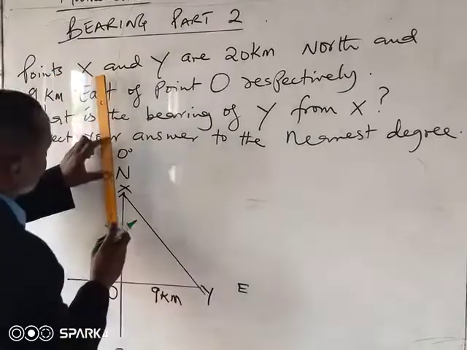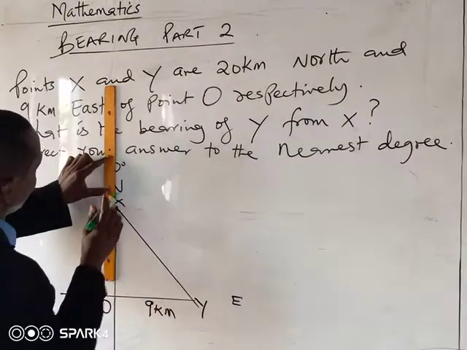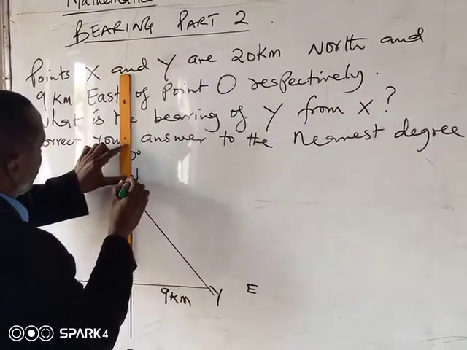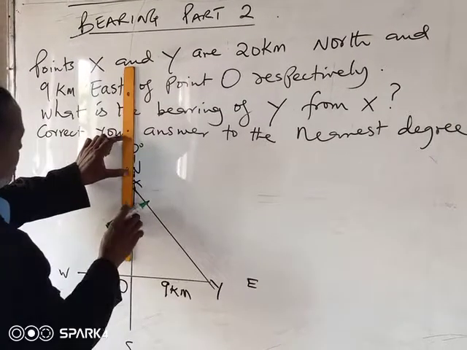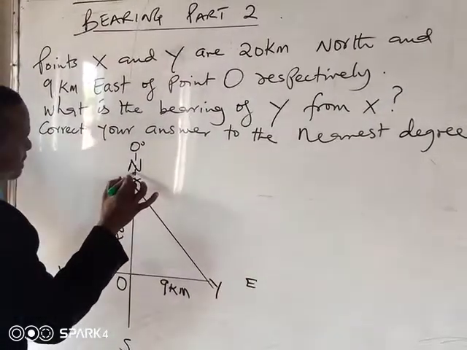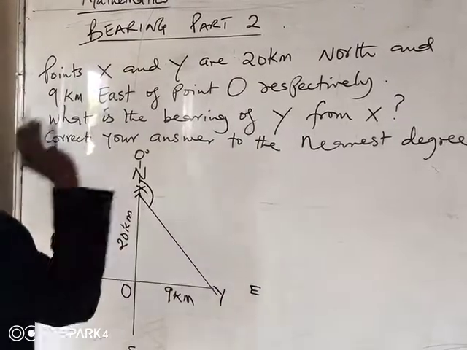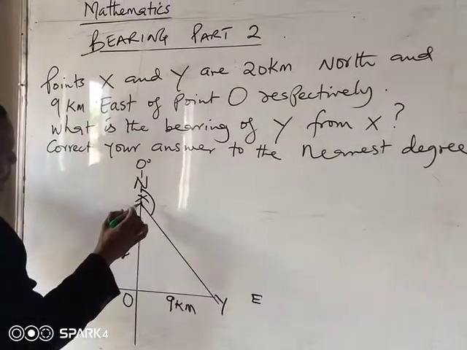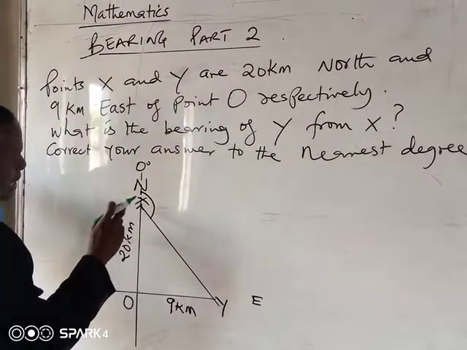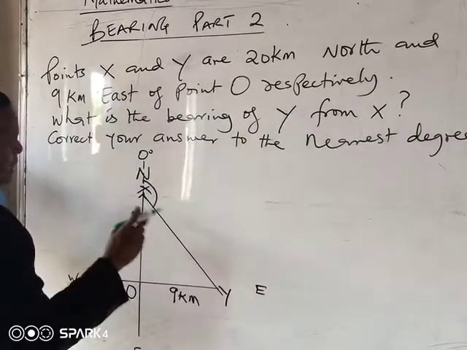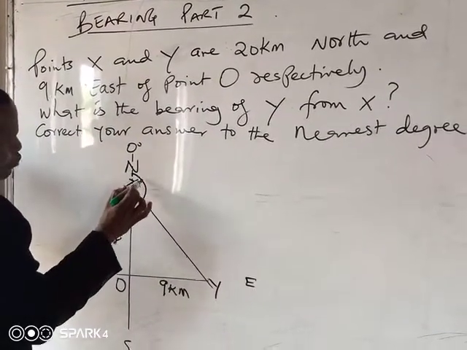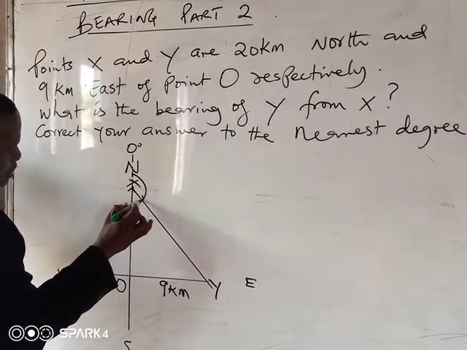And you know that we calculate bearing from the true north direction. In other words, from X here, the bearing of Y is calculated from the true north position to this.